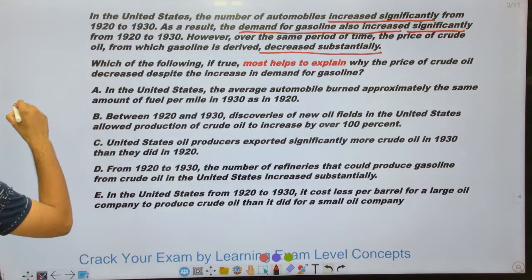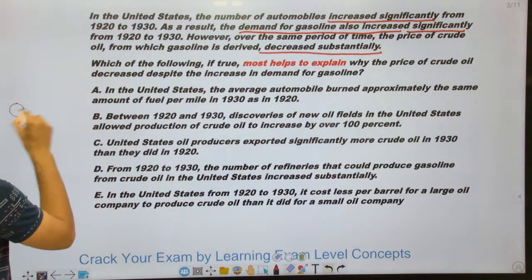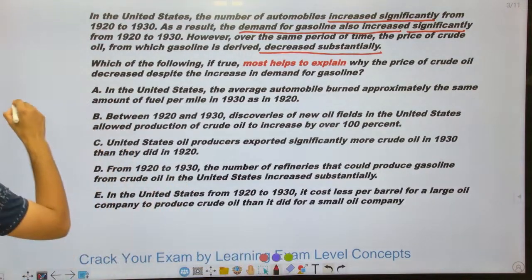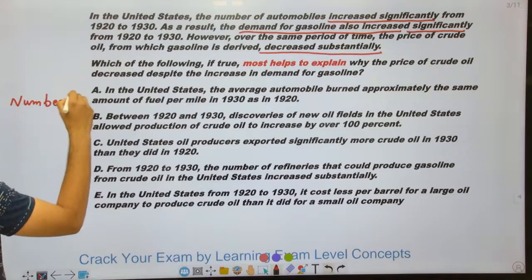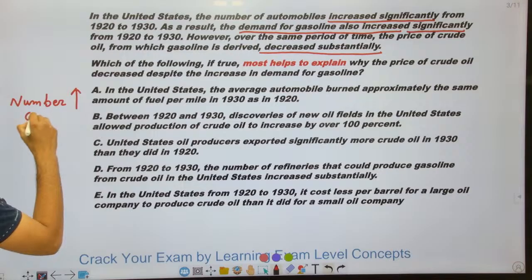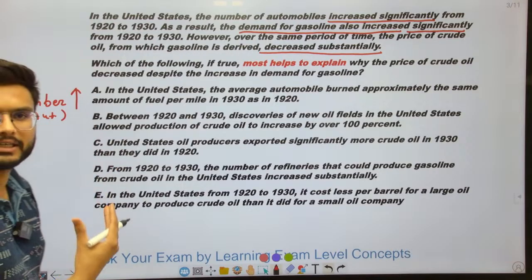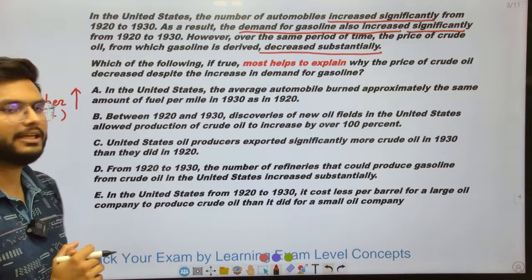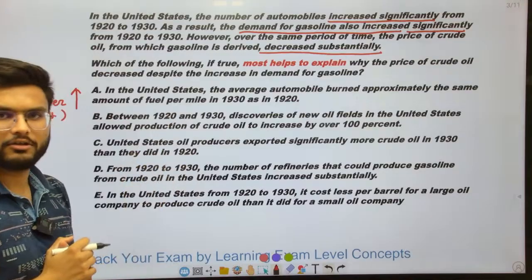The number of automobiles increased. Then what happened? Automatically, if the number of vehicles increased, the demand for gasoline also increased.